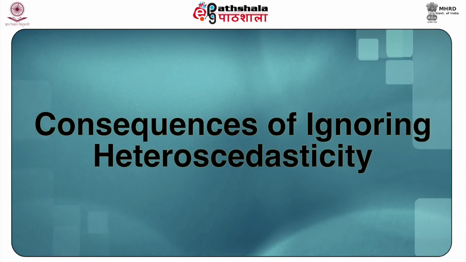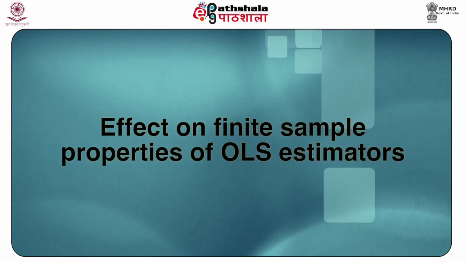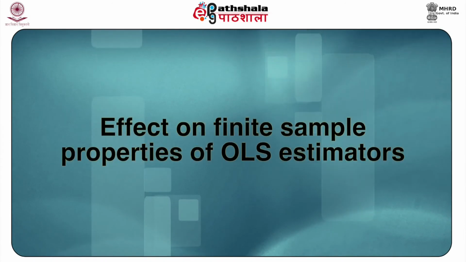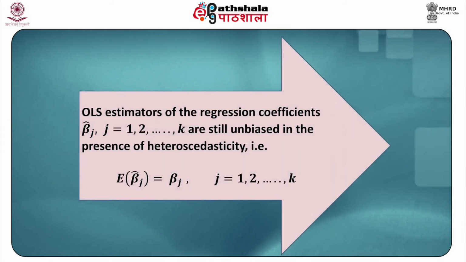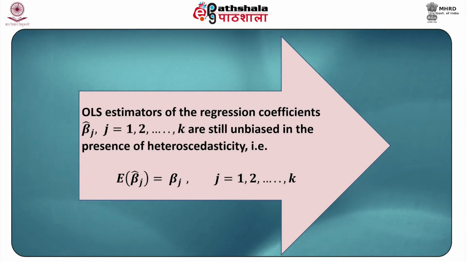Consequences of ignoring heteroscedasticity are discussed now. Look at the effect on finite sample properties of OLS estimators first. The OLS estimators of the regression coefficients beta j hat, where j may change from 1 to k, are still unbiased in the presence of heteroscedasticity.